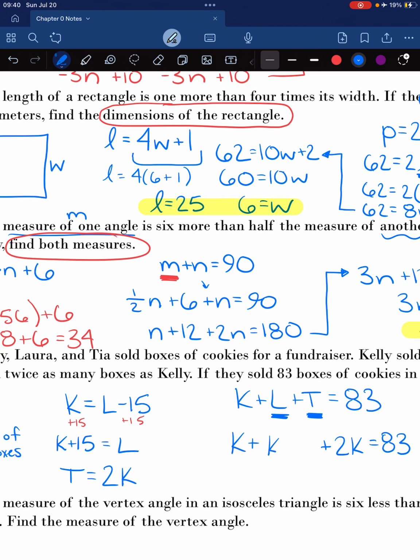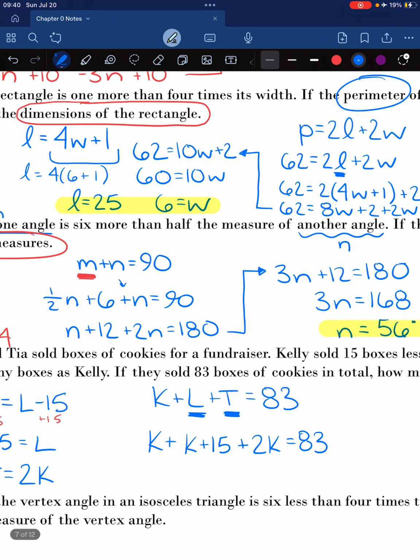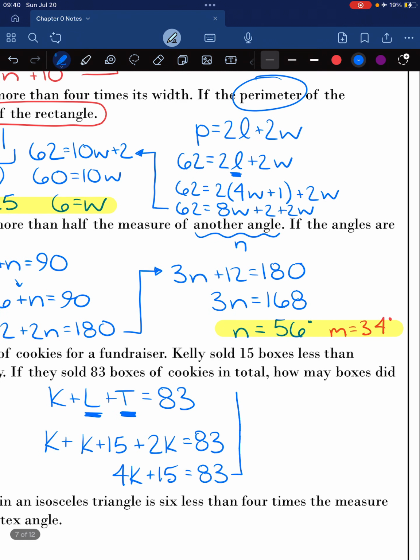Okay, now I can go ahead and replace the L. The L is K plus 15. And then I just solve it like a normal equation. Now that I just have one variable left, 2, 3, I have 4 Ks plus 15 is 83.